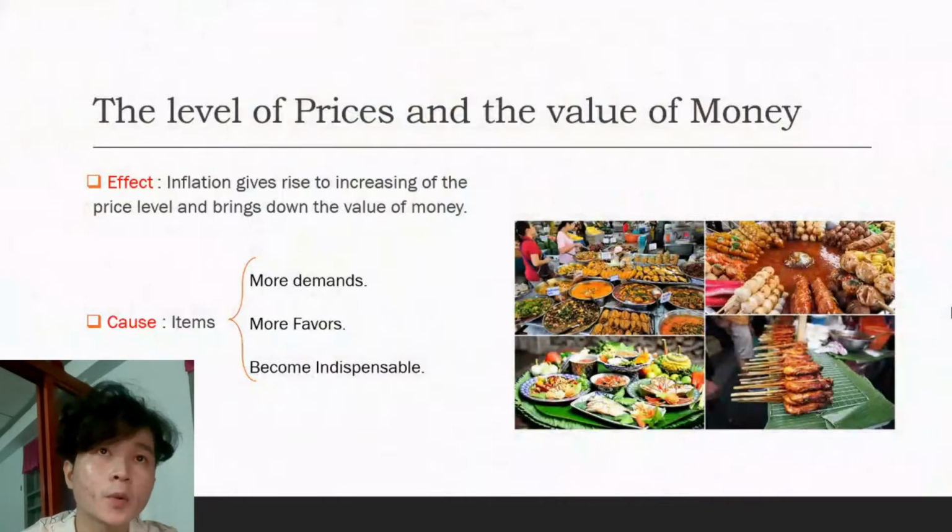Furthermore, fuel, gasoline, and vehicles become indispensable in daily life, although the price keeps rising. In essence, inflation gives rise to an increasing price level and brings down the value of money.